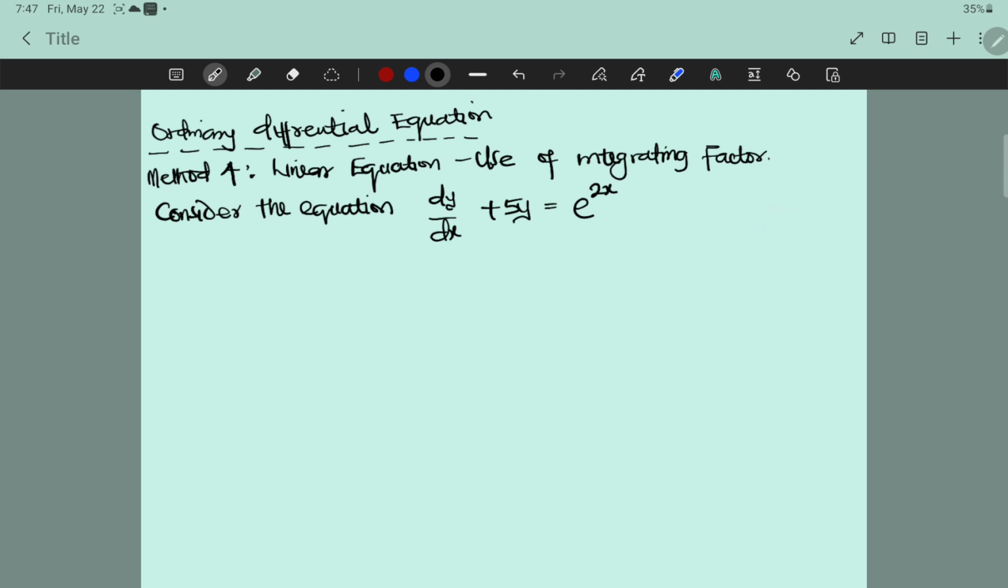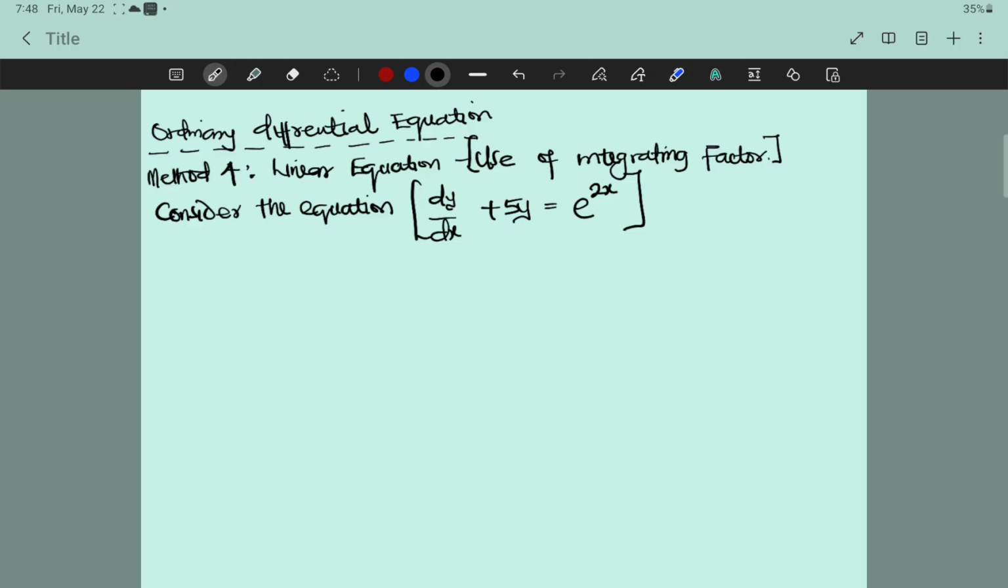Now, in the linear equation, one very important thing is the use of an integrating factor. Consider the equation dy/dx plus 5y is equal to e to the power of 2x.